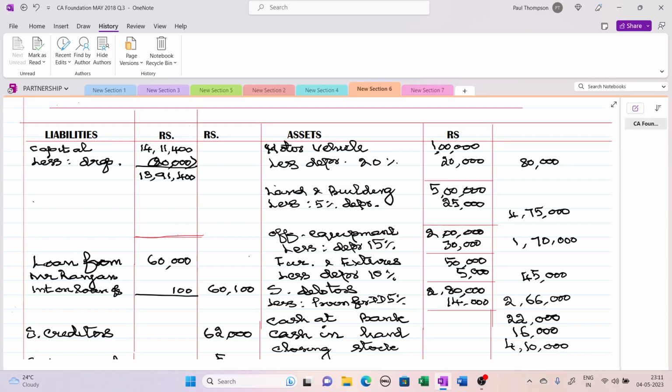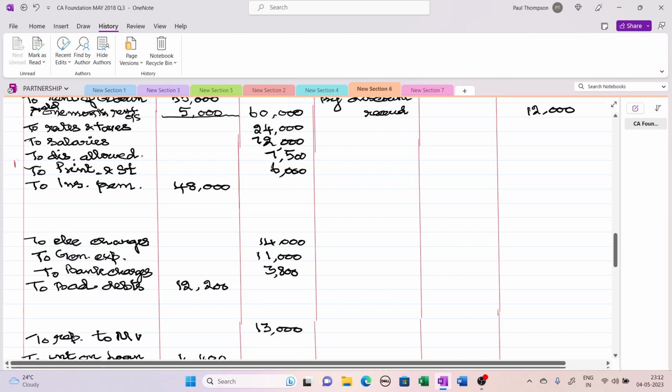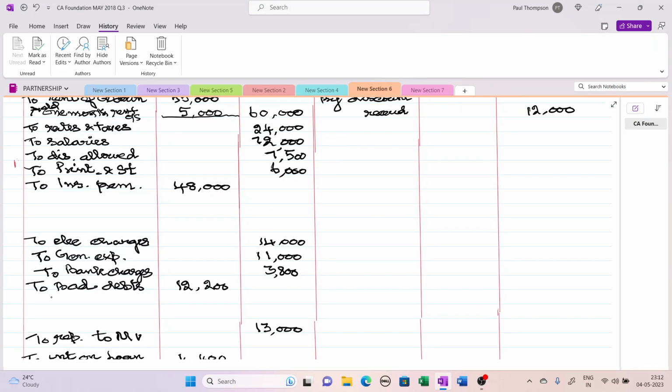In the PL account we have to add the new provision 14,000, and you see there is already one old provision 10,000 in the trial balance.